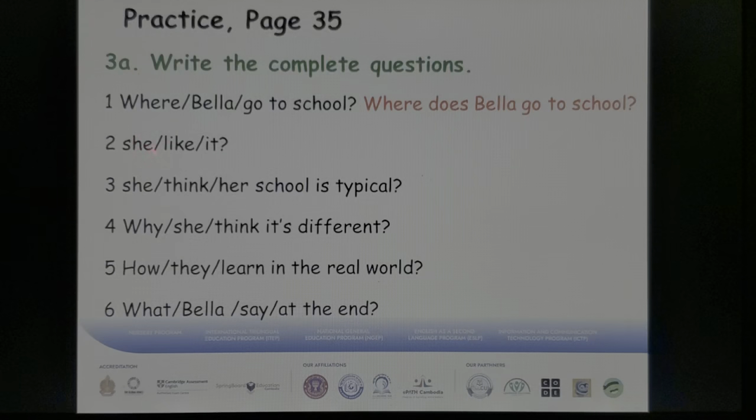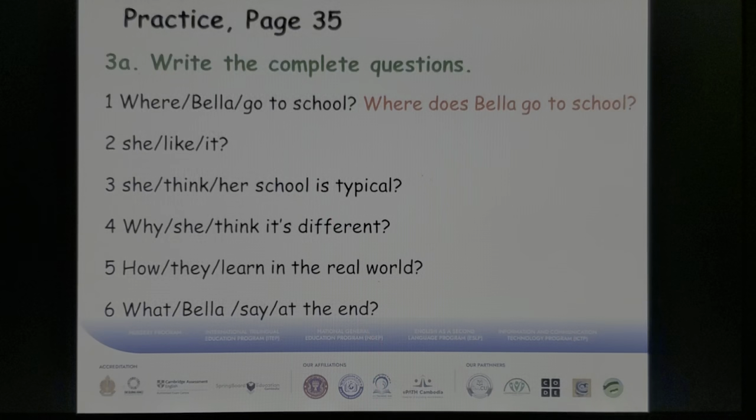What about number 2? She like it. What is the answer? Do she like it or does she like it? So 1, 2, 3, 4 until number 6. Please do it right now, and then you can write your answers in your notebook, on paper, or somewhere else.